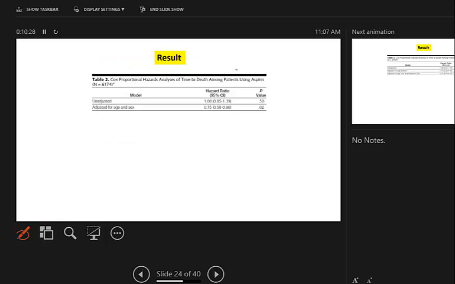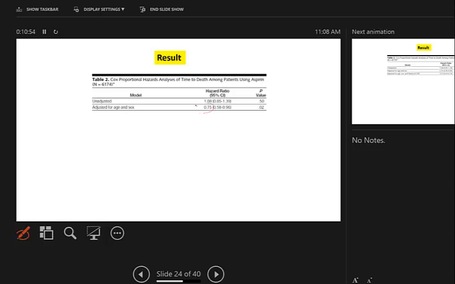So they used a Cox regression and adjusted for age and sex. Remember, mean age is 62 for aspirin and 56 for non-aspirin. What do you think can happen if you adjust for the difference in age, or in sex? More male among aspirin and less male for non-aspirin.